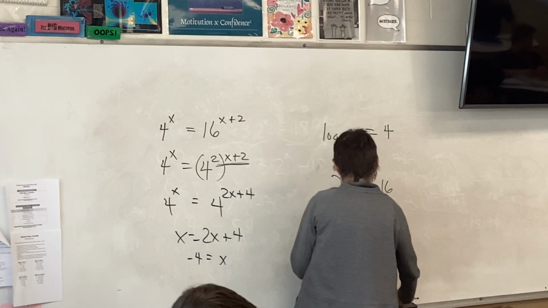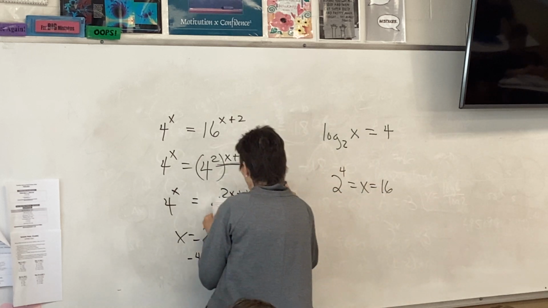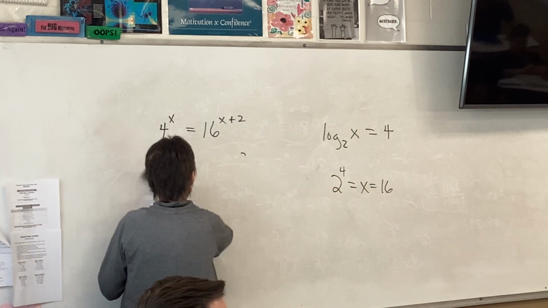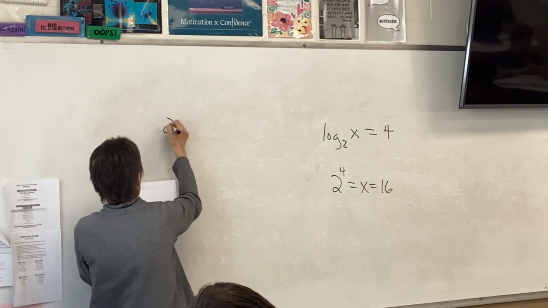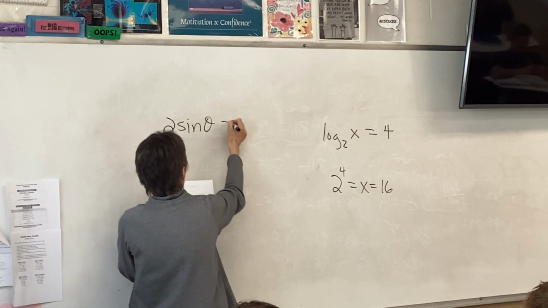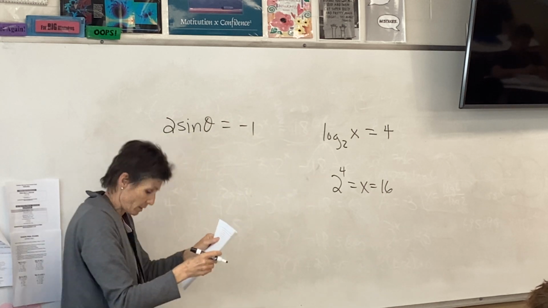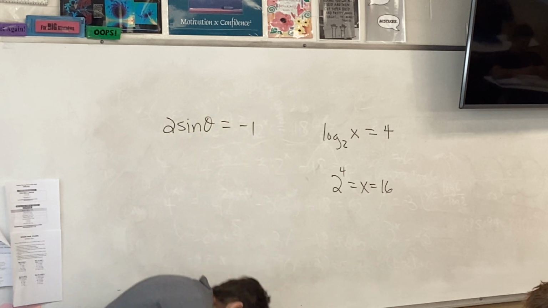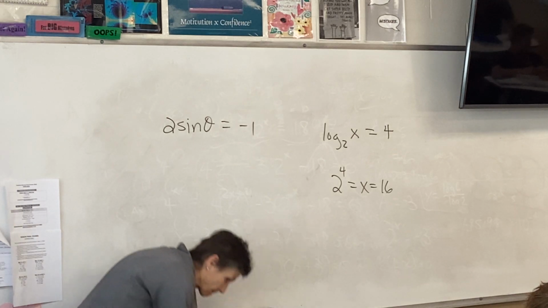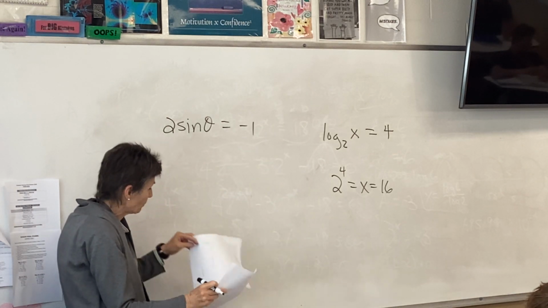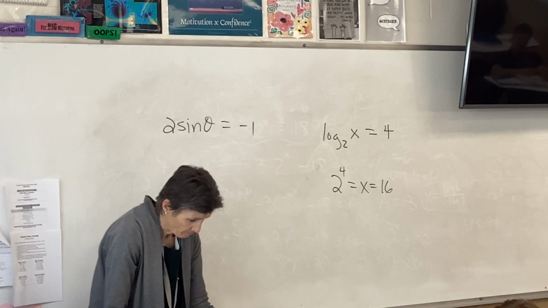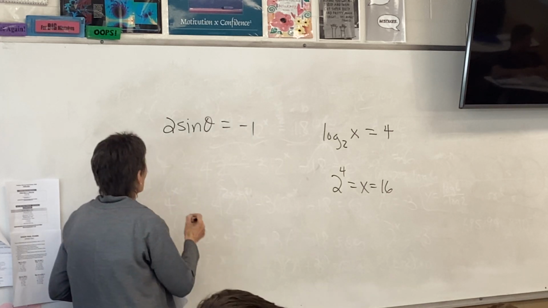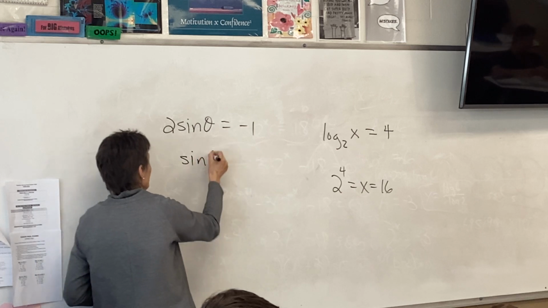The function: what are all the values of theta where the function equals negative 1? So 2 sine theta has to equal negative 1. Do you agree with that? We've done lots like this. Shall we divide by 2?